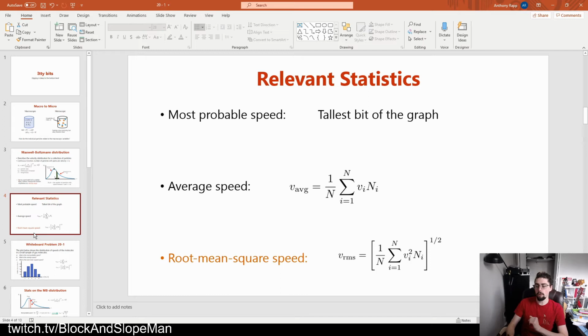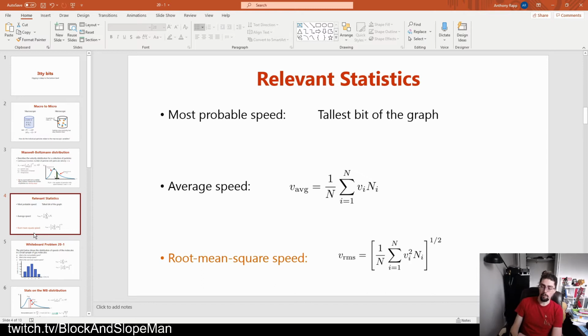When I do this for the root mean squared instead, we're taking velocity squared as the weighting factor. Essentially every particle has its speed squared, weight by that, and find the average of that value. And then take a square root so that we come back to a similar value to the average speed.